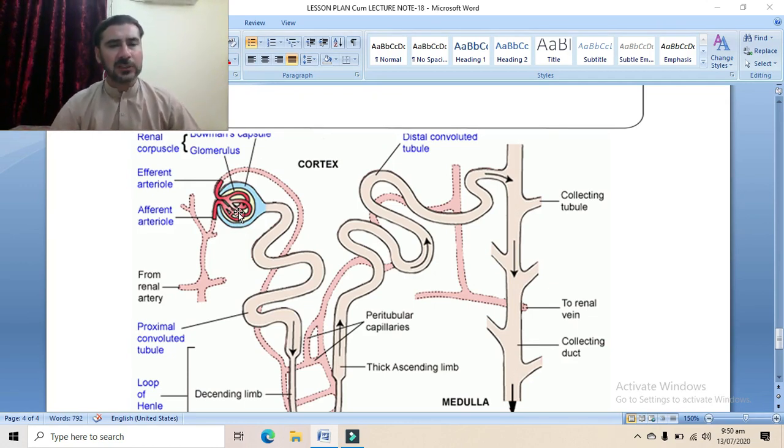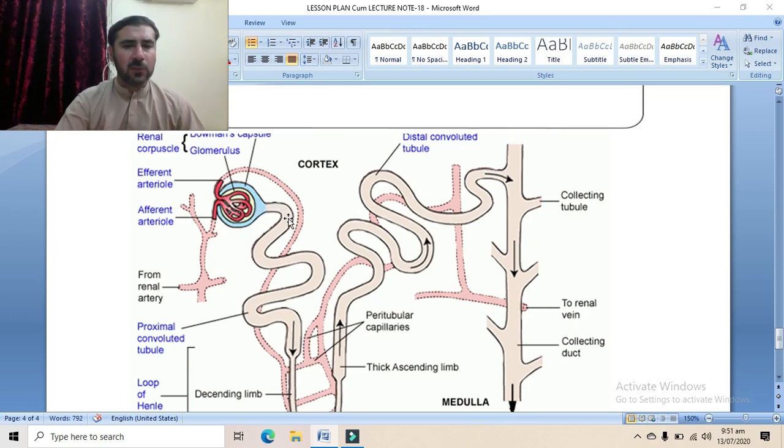And this high pressure is basically required for the filtration process, because this is high pressure filtration, and due to high pressure the efficient filtration will occur. So after the filtration, the glomerular filtrate is formed inside this greenish Bowman capsule.